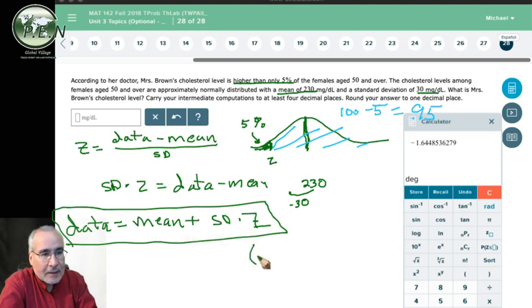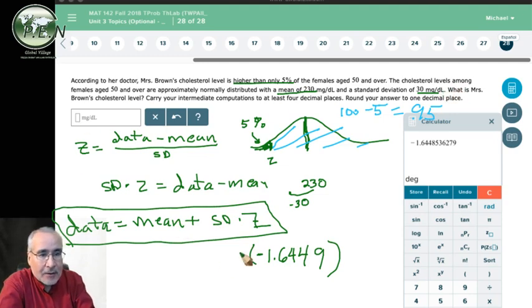Z is negative 1.6449, rounding to 4 decimal places. Standard deviation is 30. And what we're going to do is add that to the mean, which is 230.